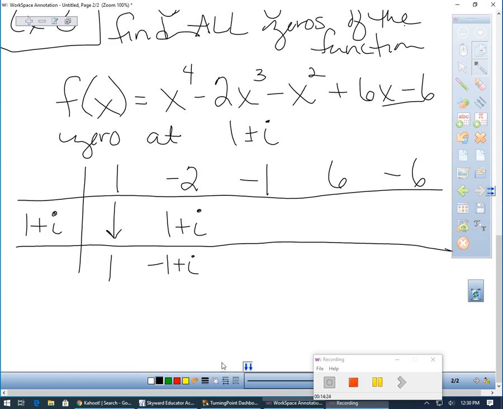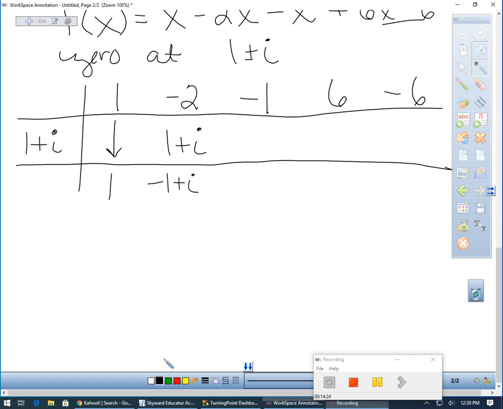Now this is where the fun begins. 1 plus i times negative 1 plus i. So we have to put it in the box. Negative 1 times 1 is negative 1.